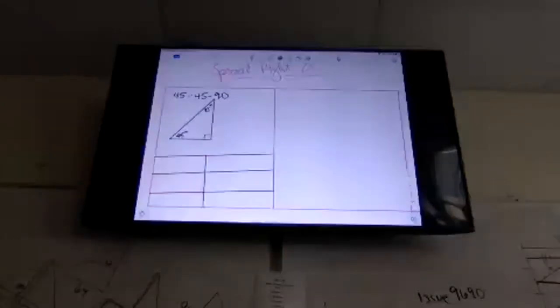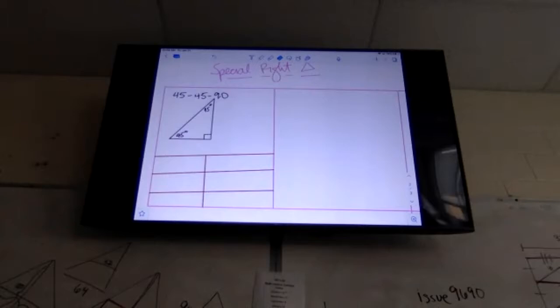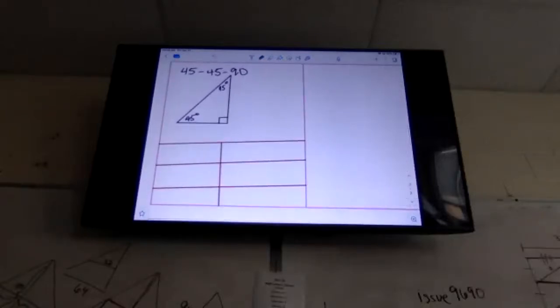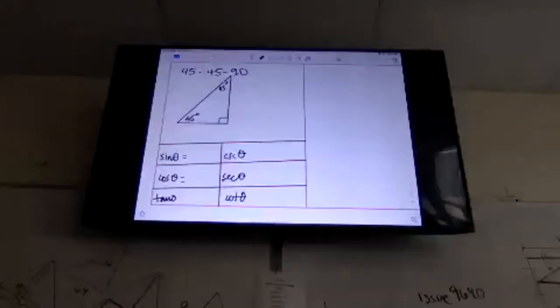So I want you to draw a 45, 45, 90 degree triangle. And we're going to do sine, cosine, tangent, and all that fun stuff for that. All right, in order to do that, I need side lengths here, right?